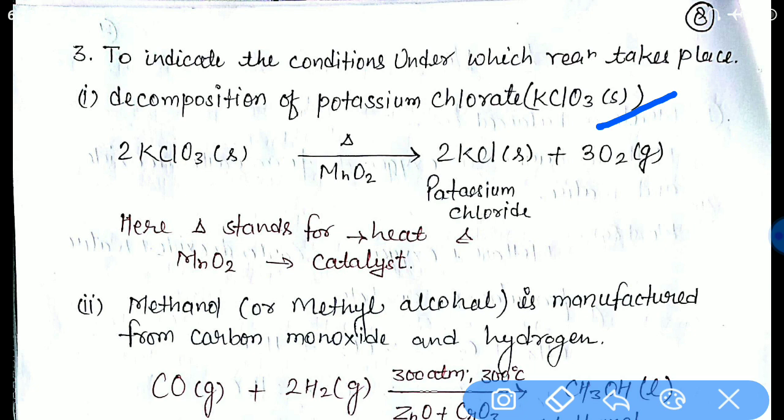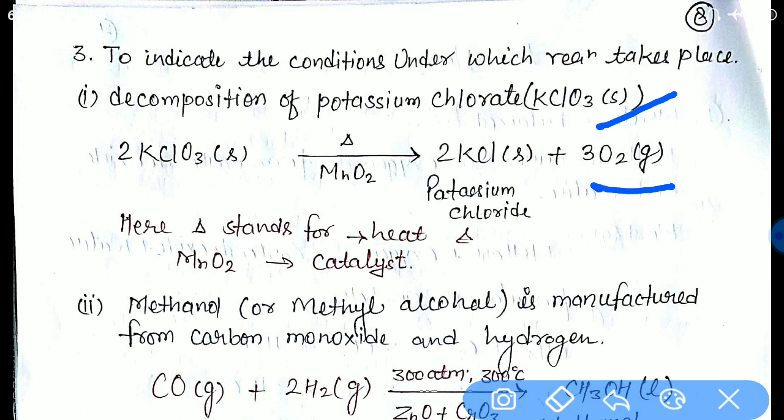Okay, so let us convert it into a chemical equation. 2KClO3 in solid form, when we provide heat and apply the catalyst MnO2, gives 2KCl plus 3O2, where KCl is potassium chloride and O2 is in gas form, and this is oxygen.